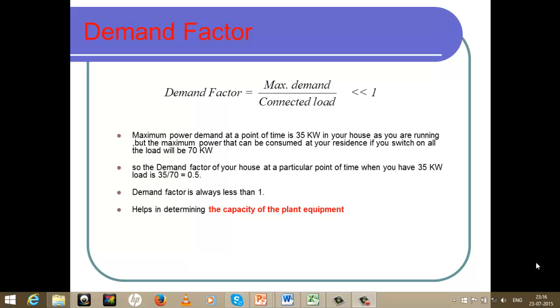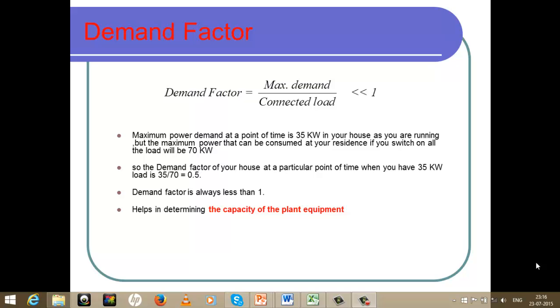Now, for example, consider a house. In that house, there may be many electrical appliances that are completely wired, and it's not mandatory that you have to switch on all the electrical appliances. But when you are thinking about connected load, you have to calculate the power ratings of all those electrical appliances.